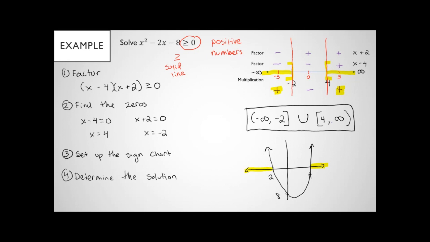So we are above the x-axis on either side, from negative infinity to -2 and 4 to infinity. So you can graph it and take a look at your graph to see, does what I got from the sign chart match? Is that correct with what we see when we actually graph the polynomial? And it is correct, it matches here.